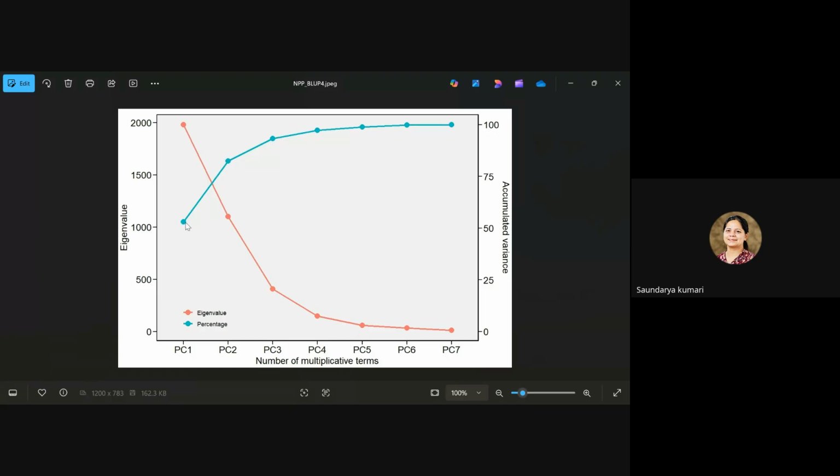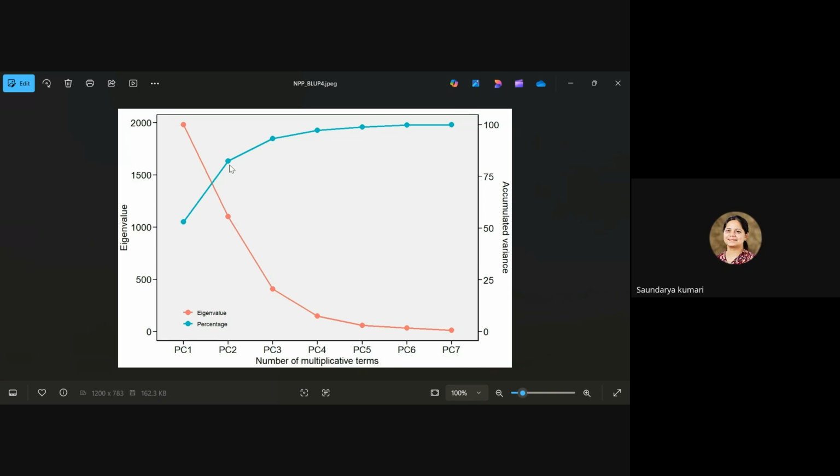On the left side is the eigenvalue, and on the right side the accumulated variance. The first PC shows almost 51%, the second 27 to 28%. Both cover more than 75.